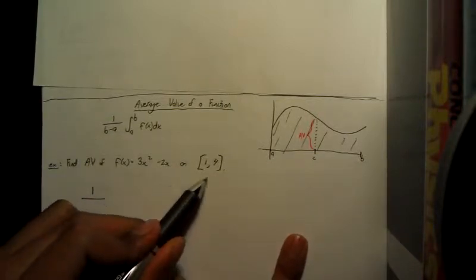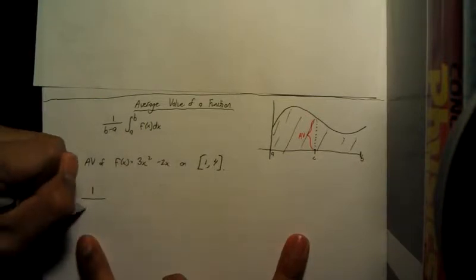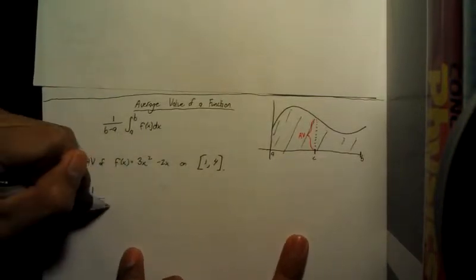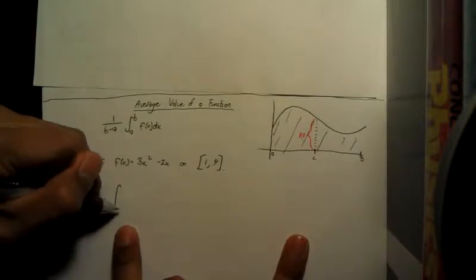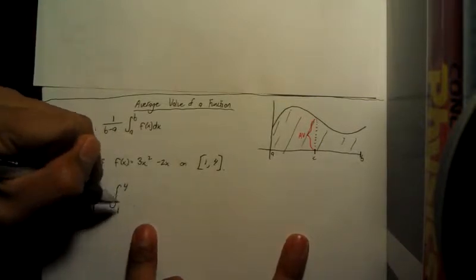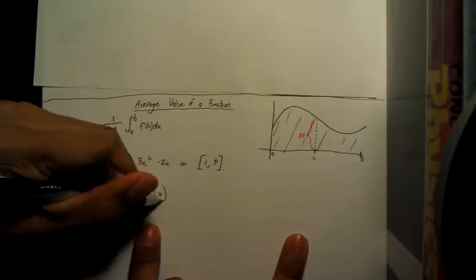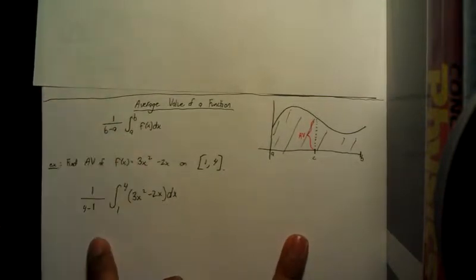So to solve this, 1 over b, in this case 4, minus a, in this case 1, times the integral from 1 to 4 of 3x squared minus 2x dx.